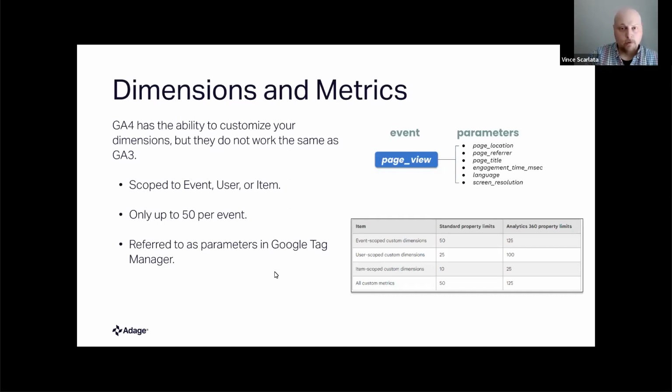But with GA4, we're allowed to add a lot more, right? Within GA3, there was a specific way of doing so. Within GA4, you have one event that comes through with multiple parameters. So it's scoped to event, user, or item, rather than before it was user, page view, et cetera. These were all scoped a lot differently. You'll only get up to 50 per event, which is actually a lot.